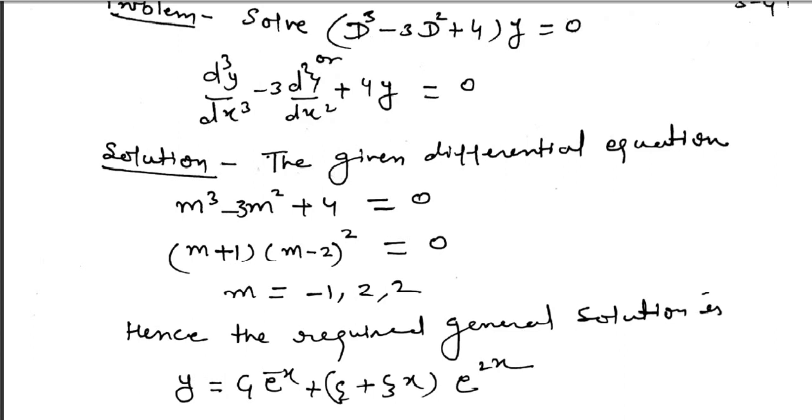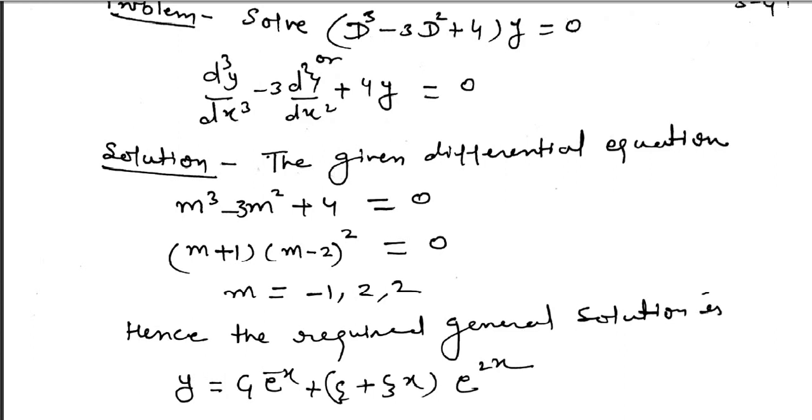Very good. So let's see here, d cube minus 3d square plus 4y equal to 0. The auxiliary equation is m cube minus 3m square plus 4 equal to 0. It means we can write this as m plus 1 into m minus 2 whole square equal to 0. To find the roots, we put each factor equal to 0. If m plus 1 equal to 0, m is equal to minus 1.